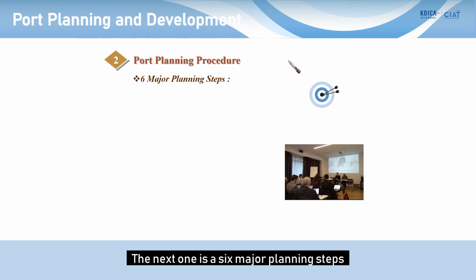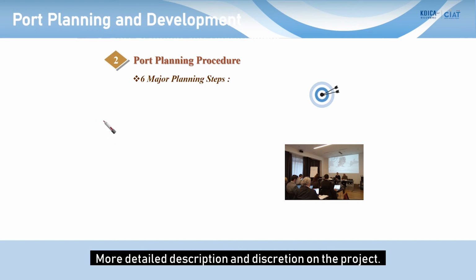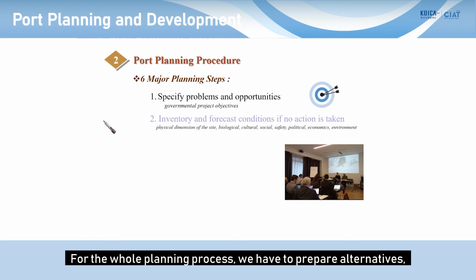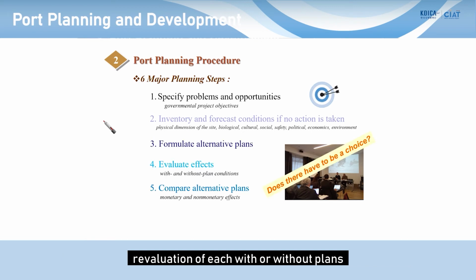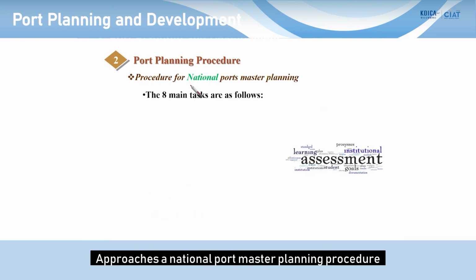The next one is the 6 major plan steps. Instead of 3 major steps, there are 6 major steps for port planning, with more detailed description and discussion of the project. Through the whole planning process, we have to prepare alternatives, evaluate each with or without plans, and compare the alternatives for a decision on the final plan. Another approach is the National Port Master Planning Procedure.